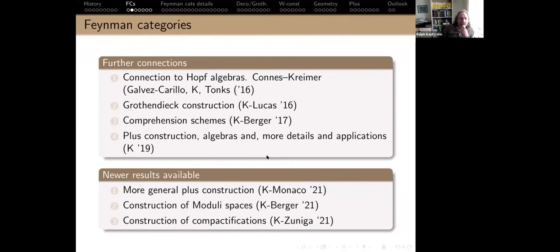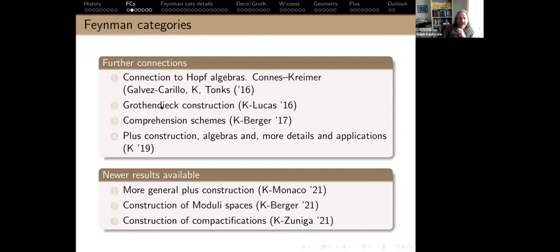All right, so further connections. The other things I had in the history that should be connected were this Hopf algebra of Kontsevich-Kreimer, and we succeeded in doing this with Ibarra, Vez-Carrillo and Annie Tongs. There's a bracket missing. And previously we had to understand sort of all the examples.